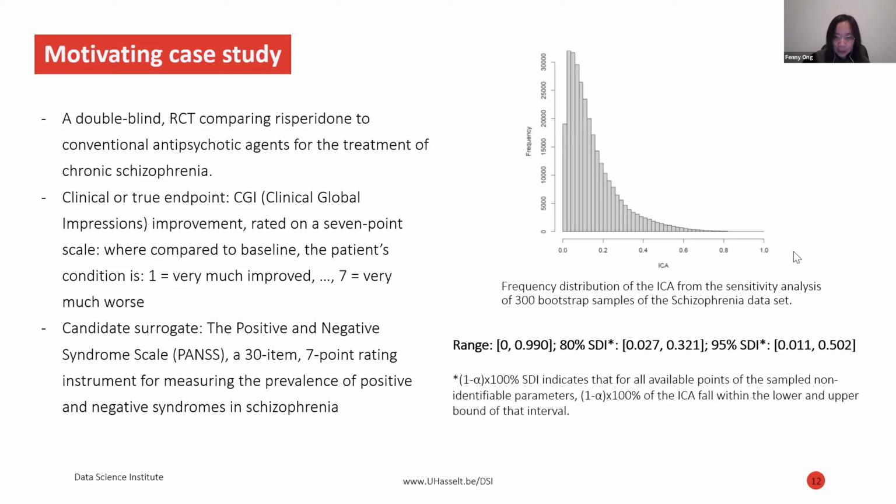So the result here shows that the association between the individual causal treatment effect on CGI and PANSS is rather small, indicating that PANSS might not be a very good surrogate for CGI.